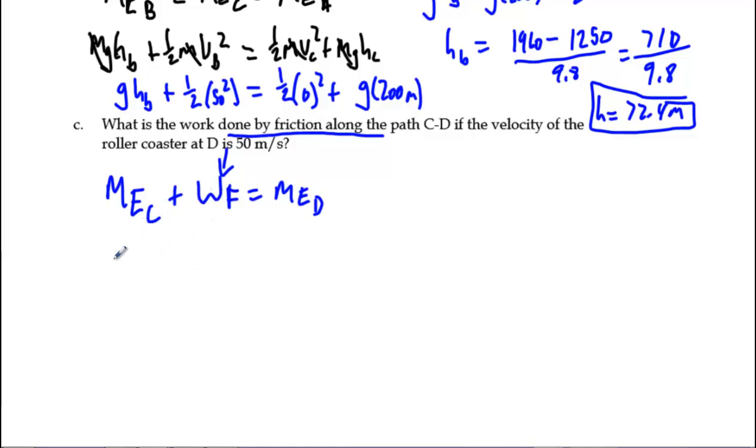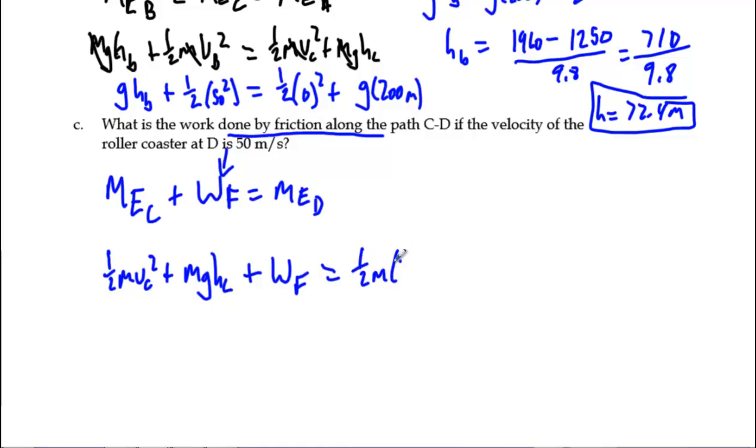Well, the mechanical energy at C is 1/2 mass times the velocity at C squared plus mgh at C, plus the work done by friction is equal to the mechanical energy at D, which is 1/2 mass times the velocity at D squared plus mg times the height at D.